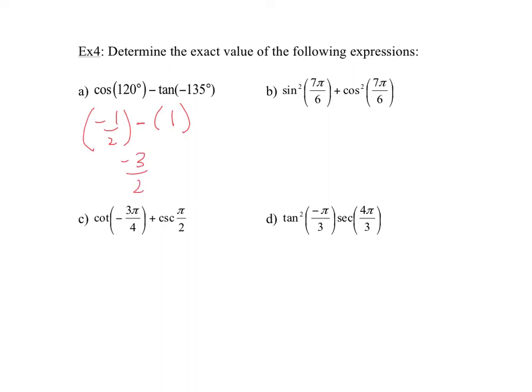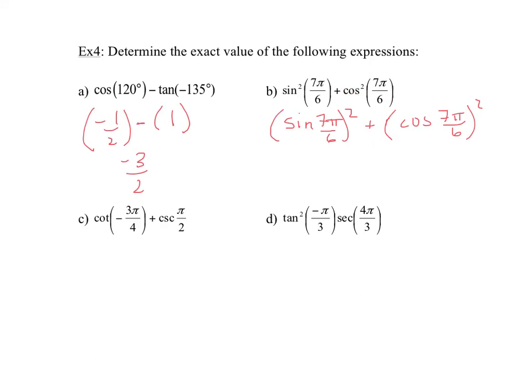Alright, so here, notice that the sine and the cos value are squared. So now we have sine of 7 pi over 6 squared. This would be the same thing as saying this: sine of 7 pi over 6, all that squared, plus cos of 7 pi over 6 squared. These are the same expressions.